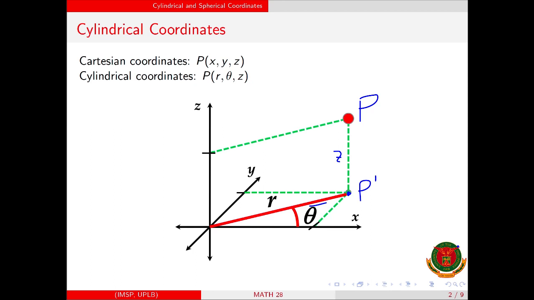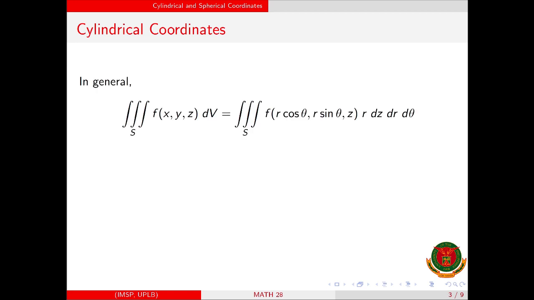Our idea in this section is to convert our iterated triple integral in Cartesian coordinate system to its iterated triple integral in cylindrical coordinate system. In general, suppose we have this iterated triple integral in Cartesian coordinate system.